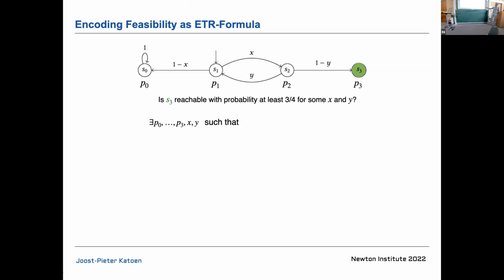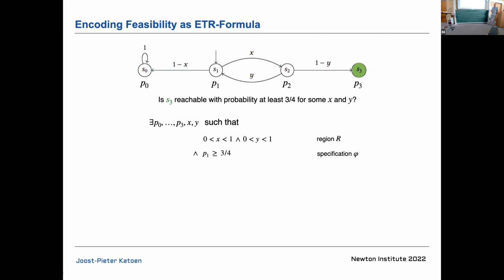I'm going to ask, does there exist values of these introduced parameters and the parameters in my model, such that the following holds. Well, those values of x and y should be between 0 and 1. I don't allow to erase transitions. So that's why I require x to be strictly between 0 and 1.